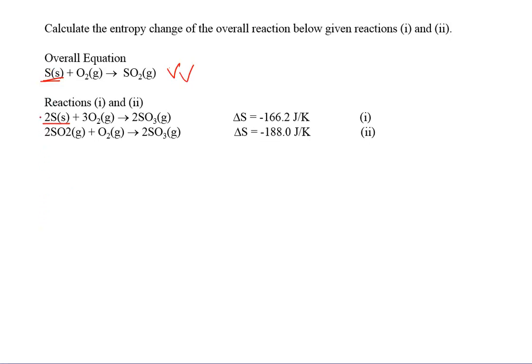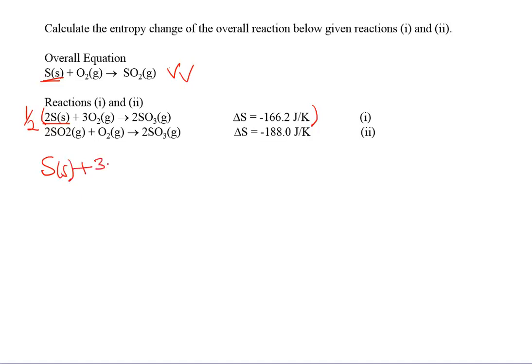So what do we do? You multiply the whole thing by half so that you should have 1 sulfur. You don't want to have 2 sulfur atoms in these 2 reactions when the overall reaction has only a single sulfur.